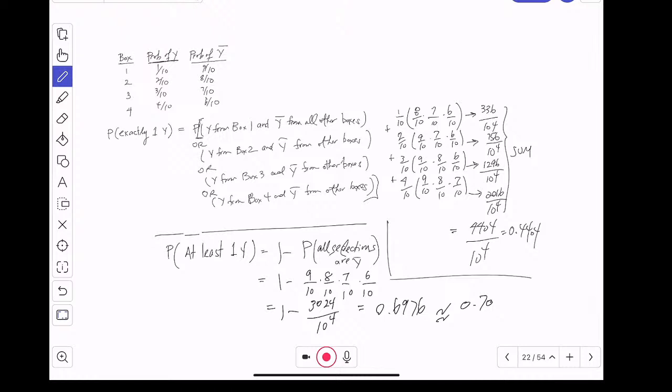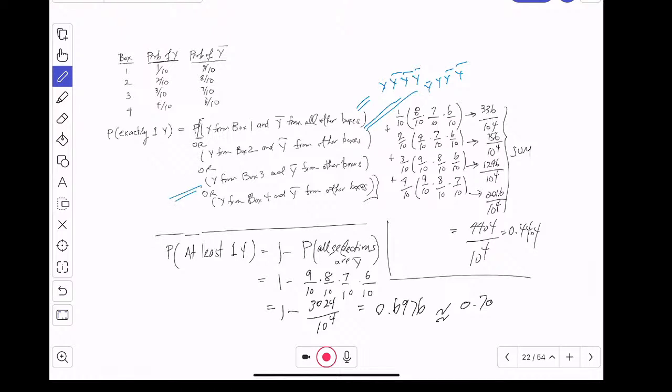Okay. So another way to, so this looks more like what we did last time. I could also write these events as, I could say, this is the event Y, not Y, not Y, not Y, right? And this one is not Y, Y, not Y, not Y. But I put it in words instead.